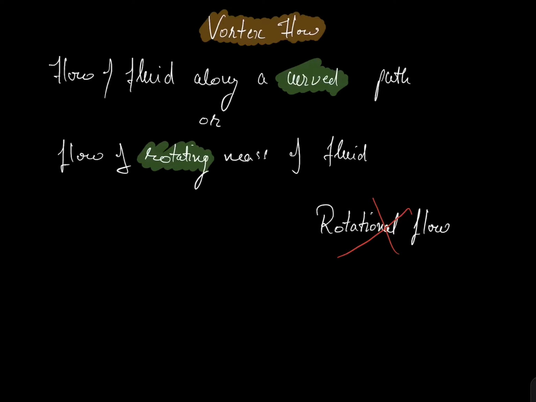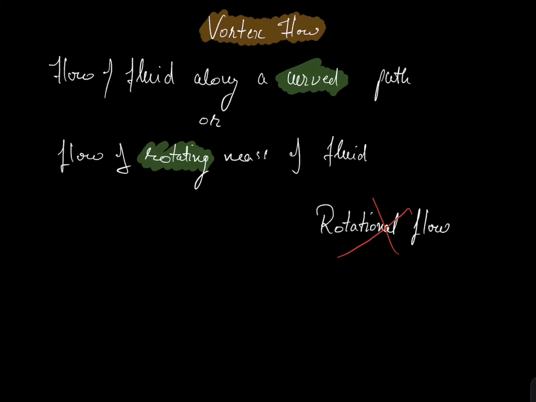But in vortex flow, the whole mass of fluid flows in a curved path. Getting my point? It's not that an individual particle is revolving around its own axis. It's the whole fluid as a mass flows in a circular path, right?